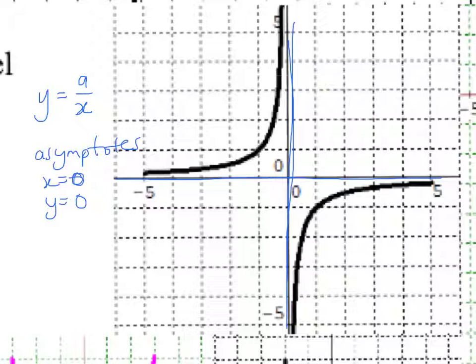And to come up with the formula from our asymptotes, we have -1 times +1. So there's our +1 and -1. -1 times +1 is -1. So y equals -1 over x. That's that formula.